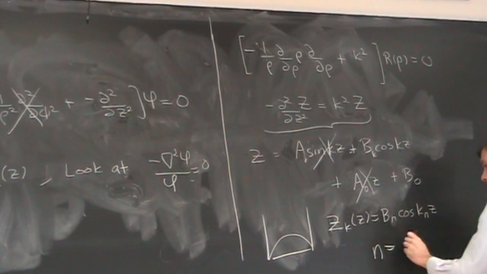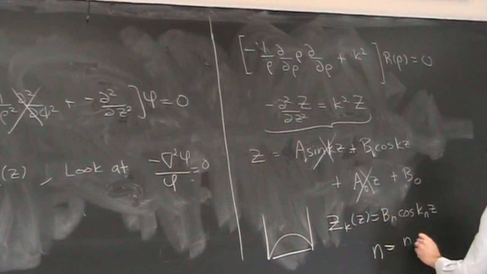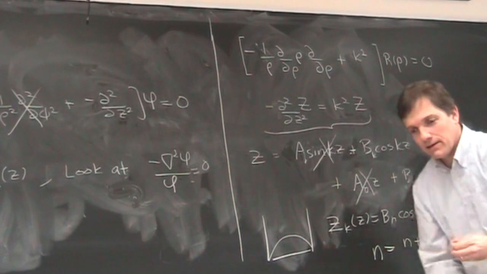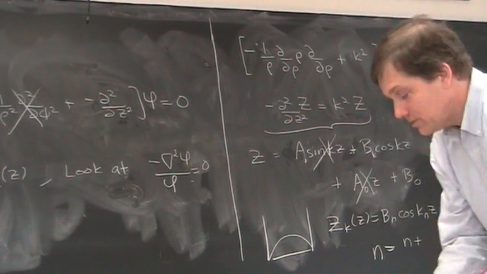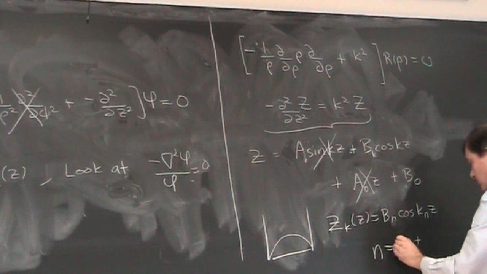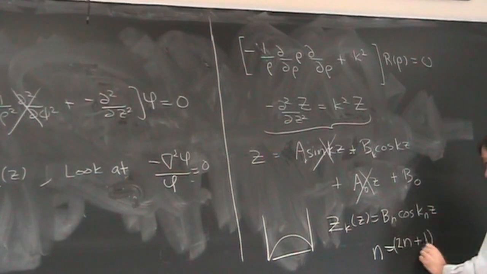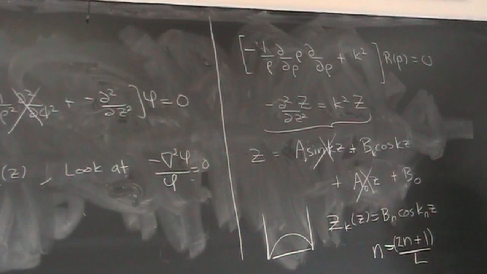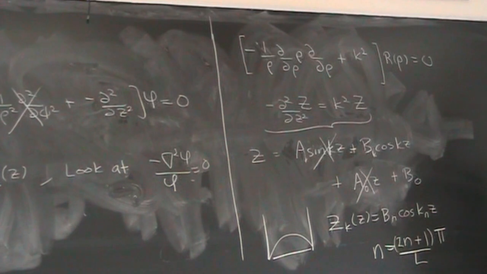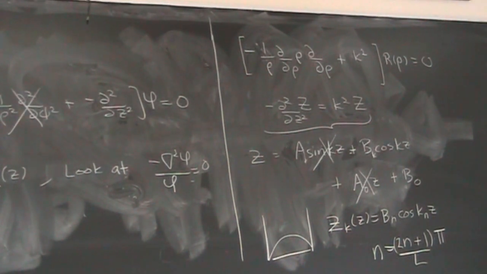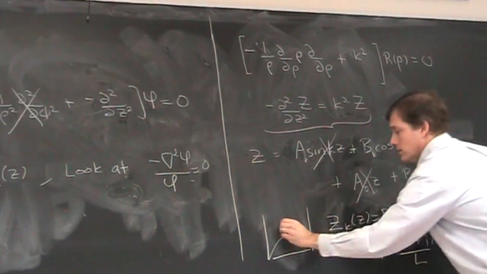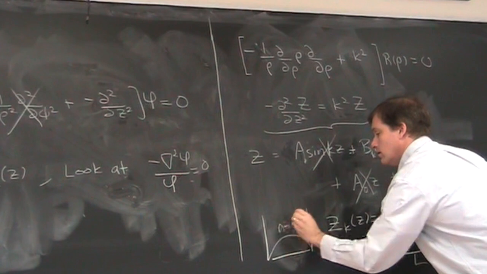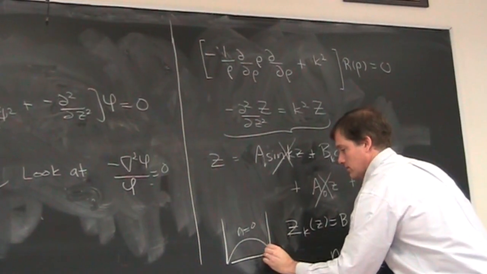It should be what? k equals 2n plus 1 over L times pi. Right. Okay. So we get only specific values of k that are allowed, okay? First one being n equals 0. Okay, n equals 1.